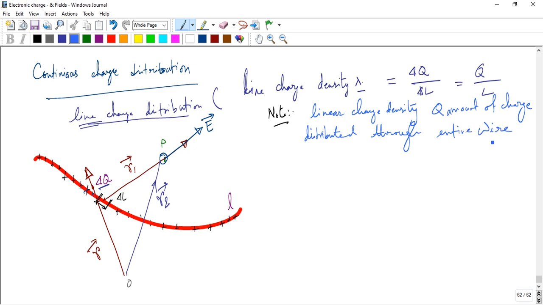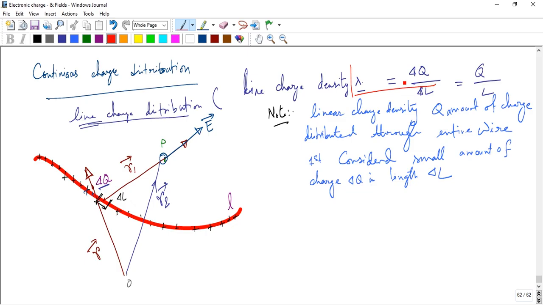First consider a small amount of charge delta Q in a small length delta L. So we get the equation lambda equals delta Q by delta L. That's the line charge distribution.